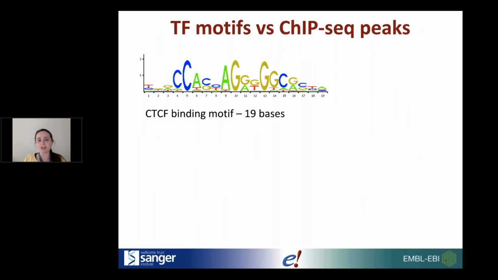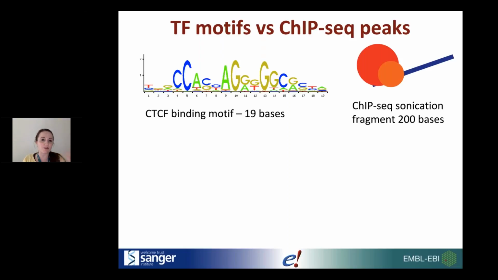One of the questions people always ask when they're looking at ChIP-seq peaks is about the size of them. So if we look at something like a binding motif for a transcription factor, this is the binding motif for CTCF. It's quite a large binding motif at 19 bases. Some of them are as little as 4 bases. This is about the size of the protein itself, and it would be about where the protein is bound.